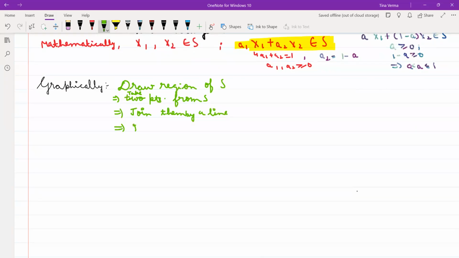If the line remains in S, then set S is convex, otherwise it is not convex.